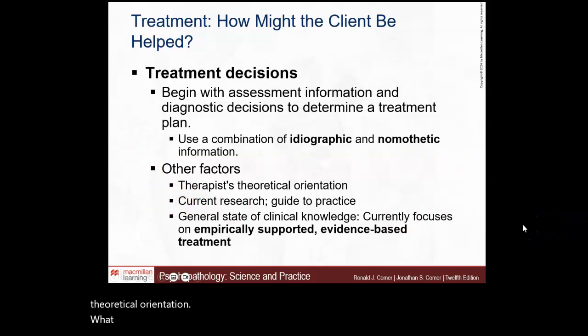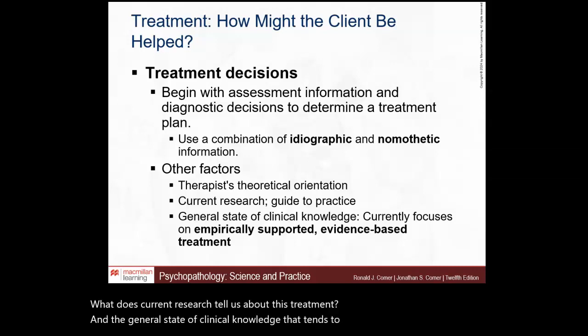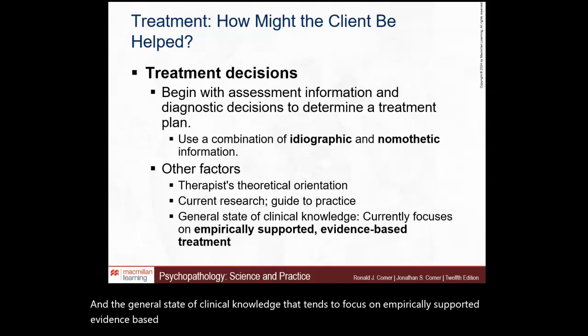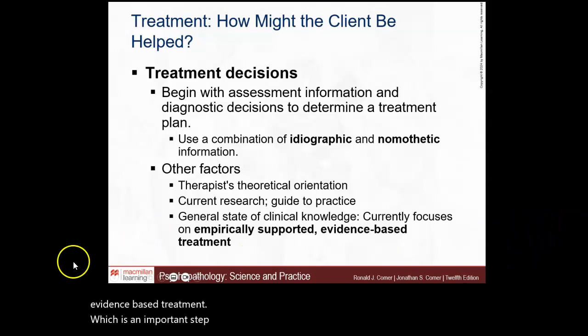What does current research tell us about this treatment? The general state of clinical knowledge tends to focus on empirically supported, evidence-based treatment, which is an important step in the scientific method.